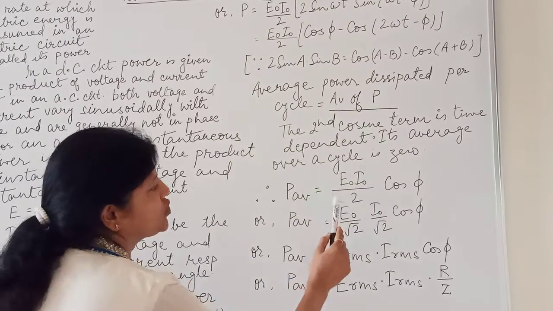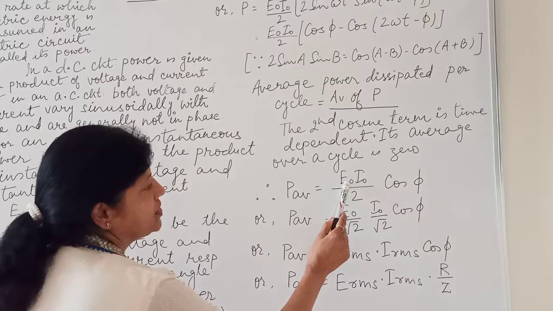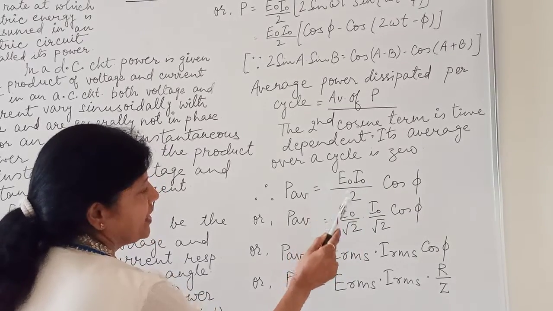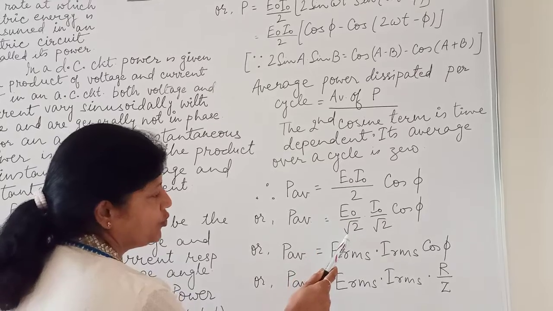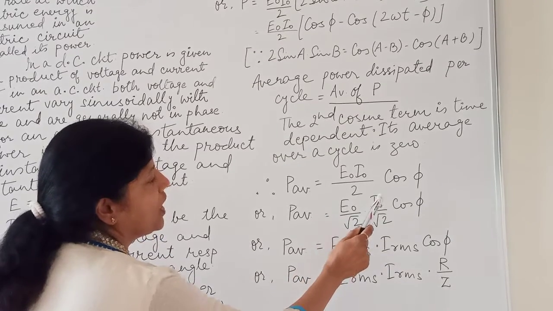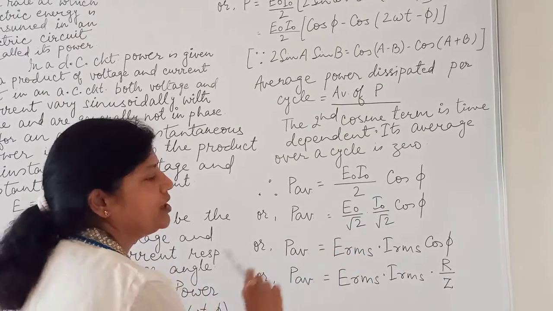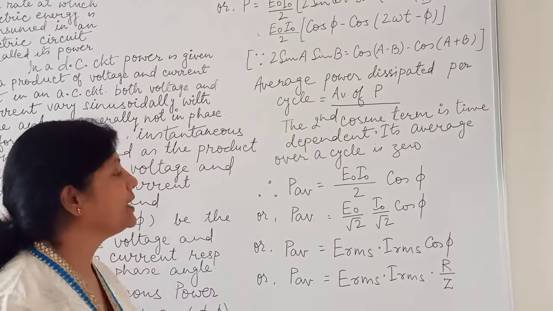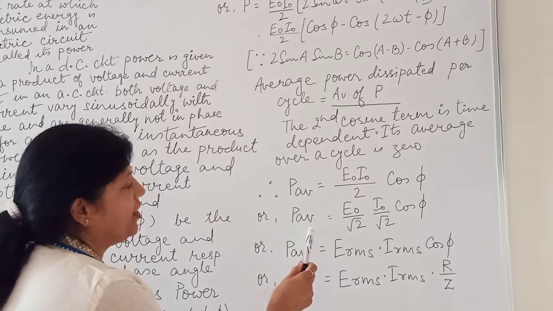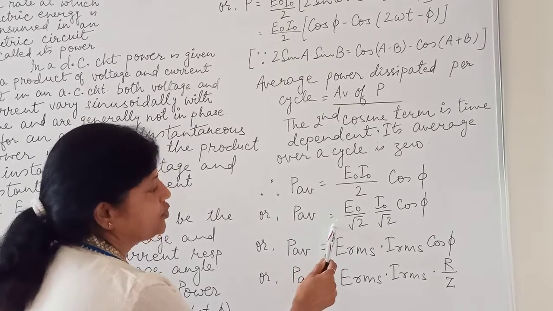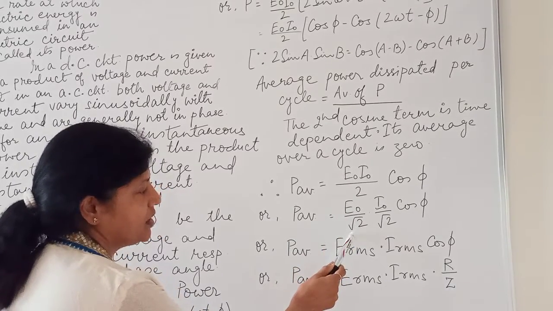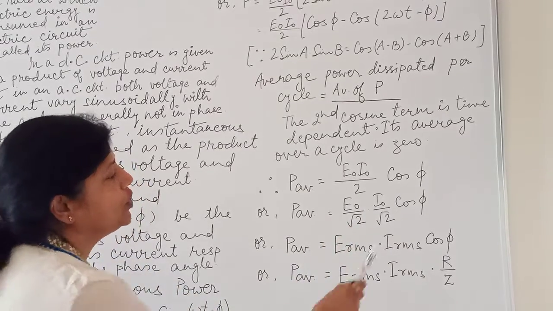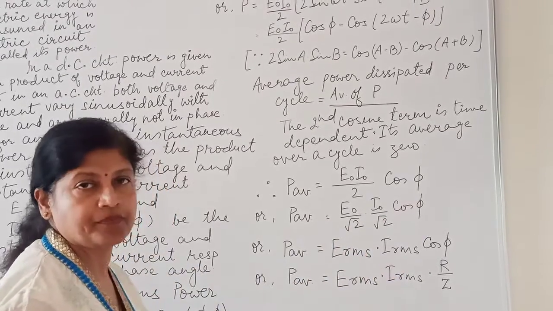Here for this quantity E naught I naught upon 2, we can write E naught upon root 2 into I naught upon root 2. Root 2 into root 2 will be 2 only. That's why P average is equal to E naught upon root 2 into I naught upon root 2 into cos phi.